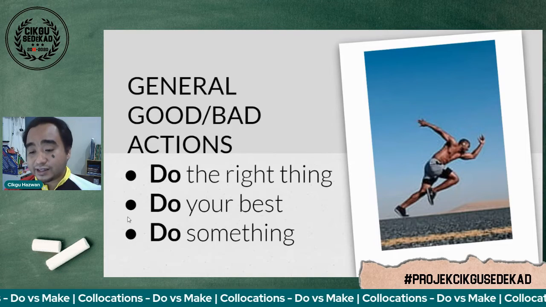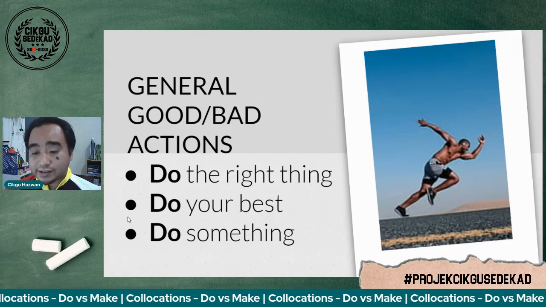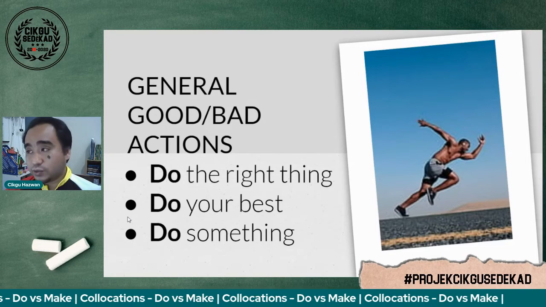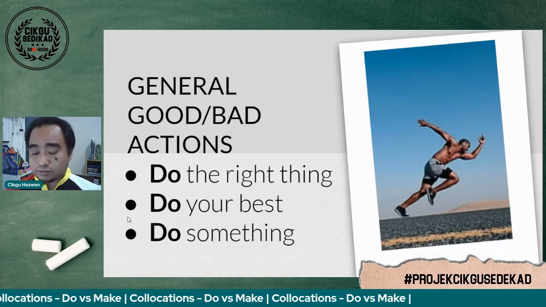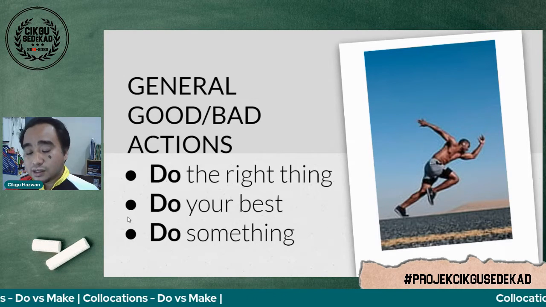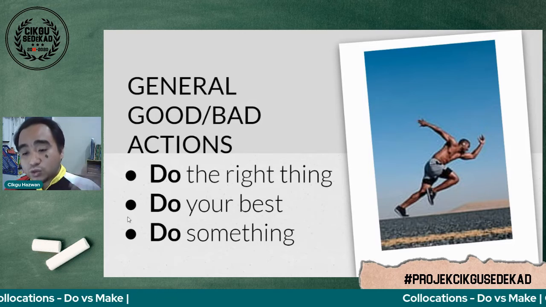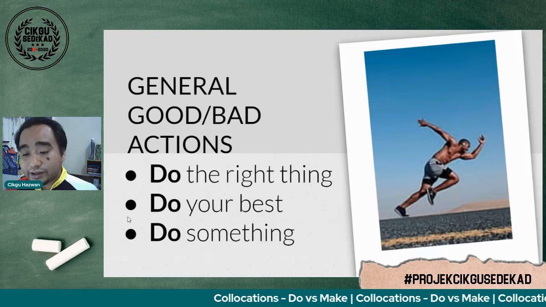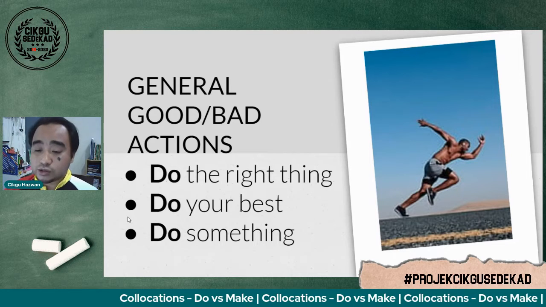Do the right thing. Do your best and do something. I'm going to do something with my laptop. Meaning to say that he might be going to the shop and do something with the laptop, whether to upgrade it or to repair it, and so on and so forth.